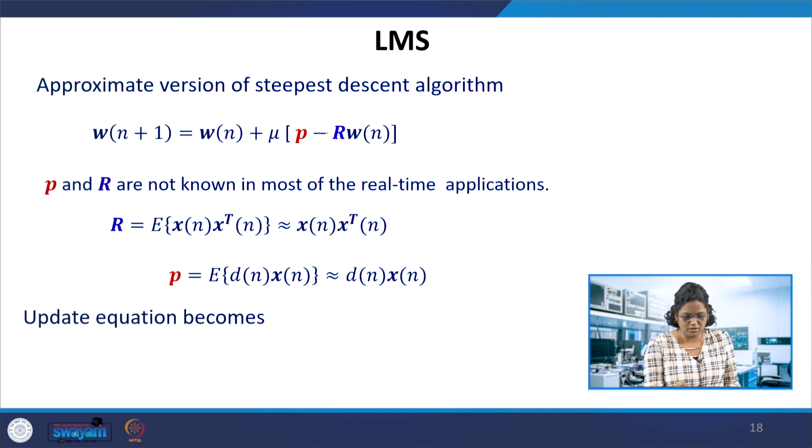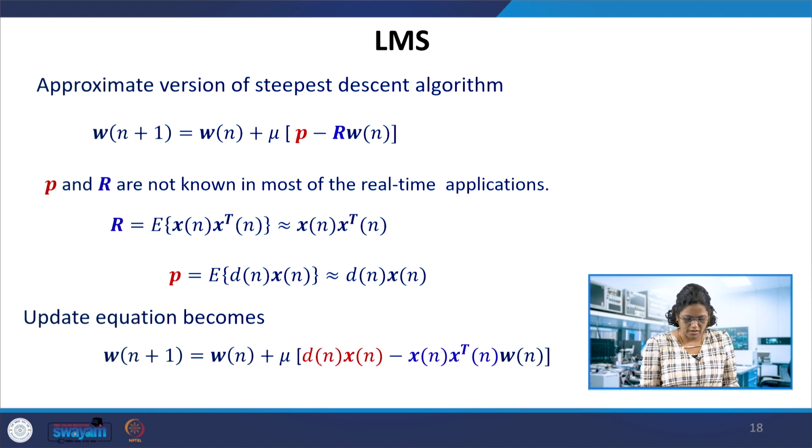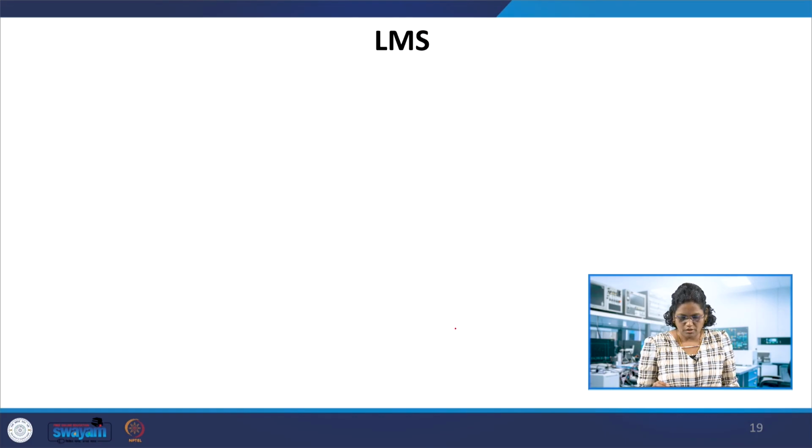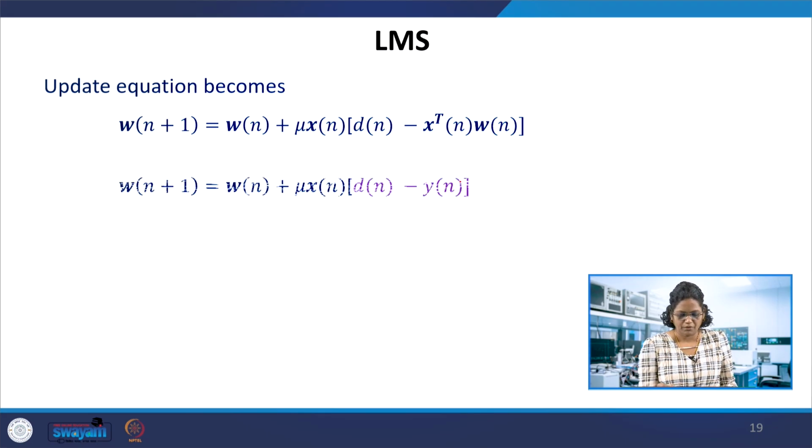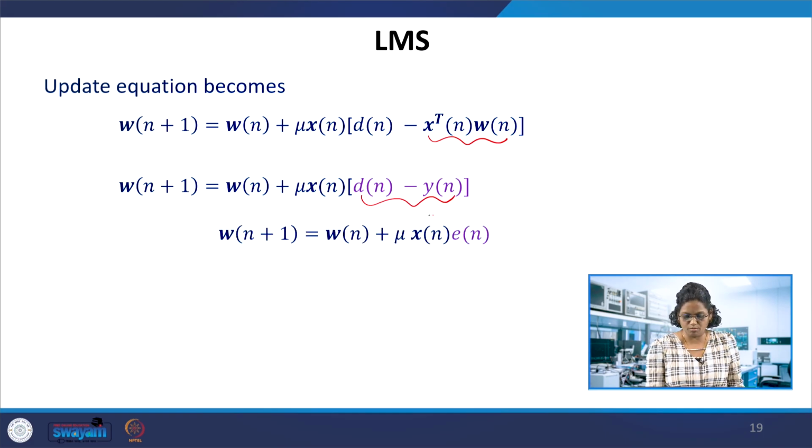Then in the update equation, we can now simply change it: P is now D of n x of n, and R is x of n x of n transpose. That's what we are doing in this LMS. Taking this x of n common, D of n minus x transpose W, which is y of n, the FIR filter output we saw.